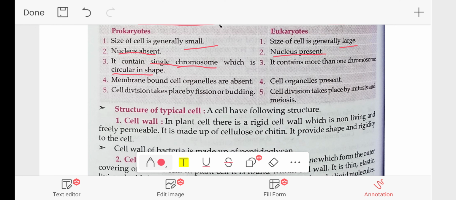Eukaryotes contain more than one chromosome. Membrane-bound cell organelles are absent in prokaryotes, but present in eukaryotes. Next, cell division takes place by fission or budding in prokaryotes, but in eukaryotes, cell division takes place by mitosis and meiosis.